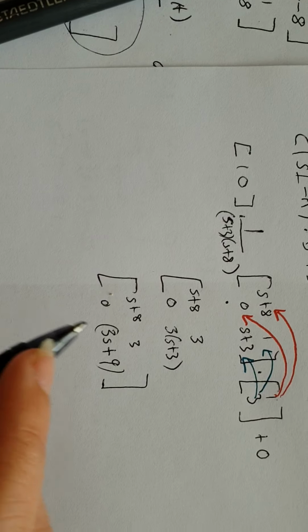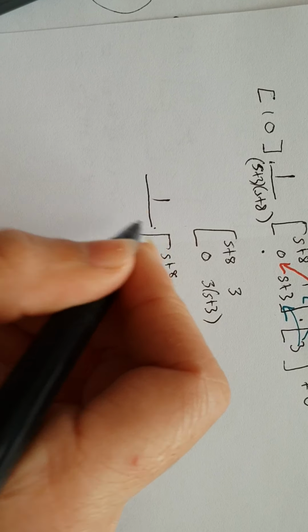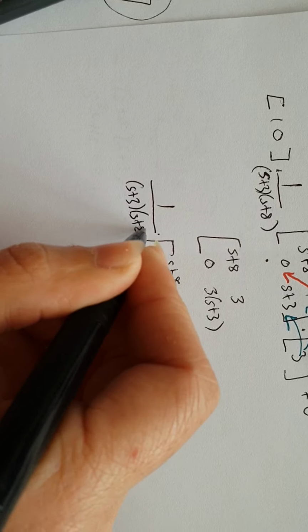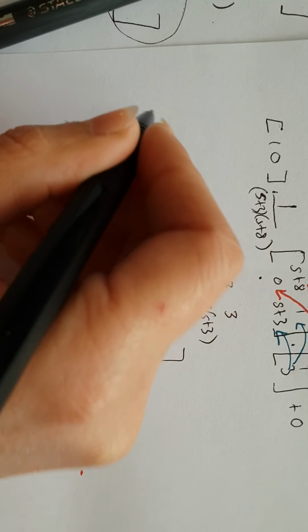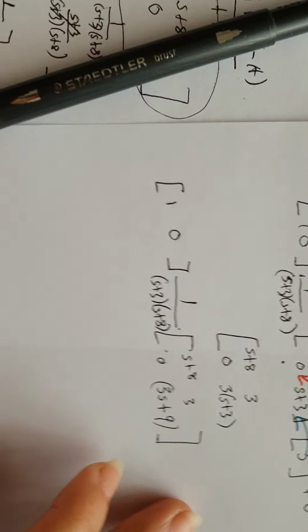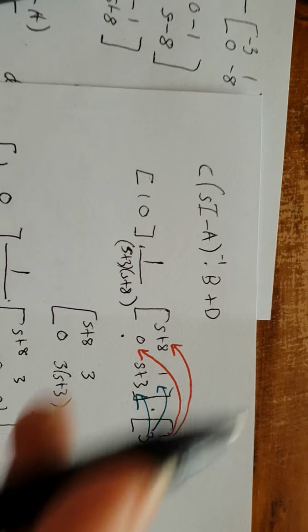Just like that. Now don't forget all our other terms, still times by S plus 3, S plus 8, and our other matrix, our C matrix, 1, 0. Okay, so we've done the B part.